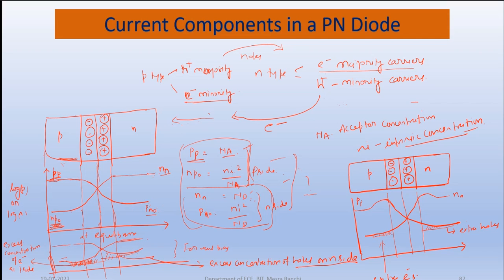Am I clear? Similarly, the electrons coming from the n side to the p side become the minority carriers. So we have discussed only this, that at equilibrium there was no bias.